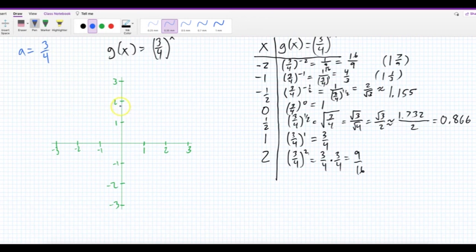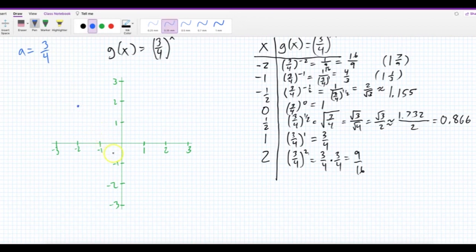Okay, 1 and 7/9, if you want to think of it as a decimal, that's about 1.7778, let's say, round it there. The point is it's going to be pretty close to that. Okay, 7/9 is pretty close to 4/5, is what I'm saying. So -2 is going to be just under that right there.